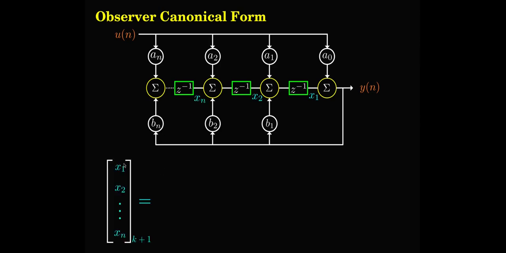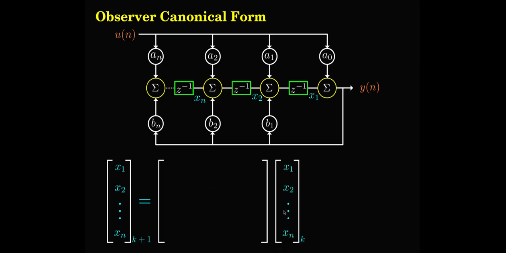So let us write down the state equation. x1, x2, xn at k plus 1. This is the next state equation. This is the A matrix. You have the state vector at the k instant of time plus the B matrix times uk. So let us write it down. x1 into b1, right?